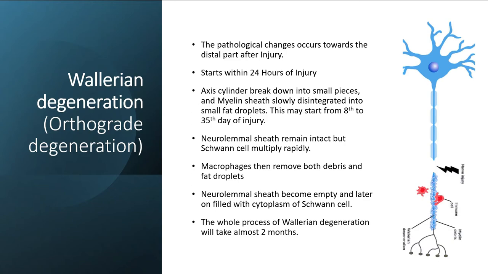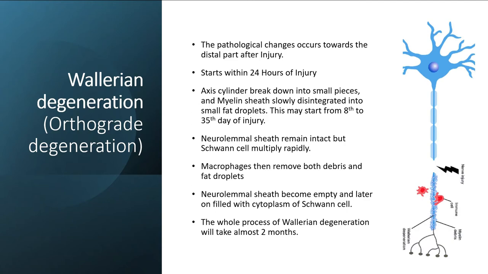This is the first change that occurs in the injured nerve cell. The neurolemmal sheath remains intact, but Schwann cells multiply rapidly. Schwann cells are the cells that make the myelin sheath. The macrophages then remove both the debris and the fat droplets. So the neurolemma sheath becomes empty and later is filled with the cytoplasm of Schwann cells.